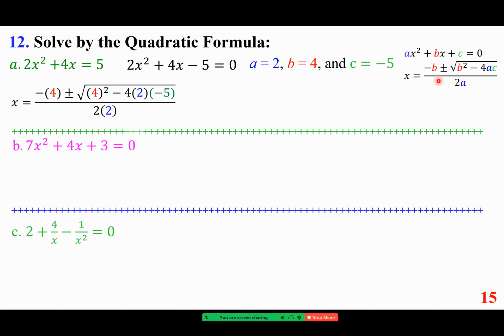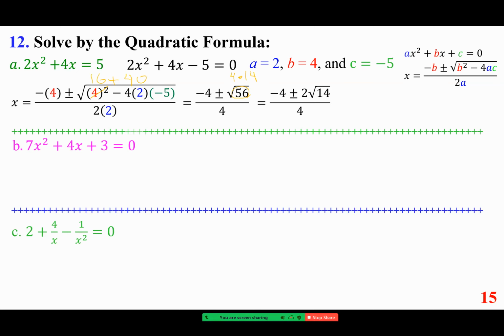When we do that, we get 16 plus 40 here, 56, and 56 is the product of 4 and 14. 4 comes out as 2.